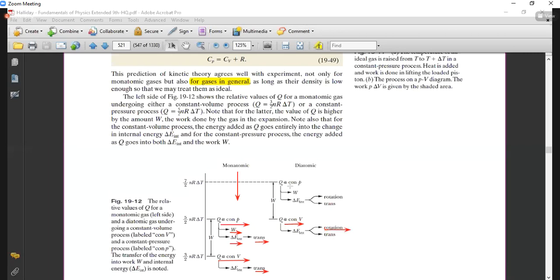And when we deal with the constant pressure, the heat absorbed by the system is not only doing work, but it is also changing the internal energy, and again internal energy is dependent upon the rotational and the translational kinetic energy. So is it clear, beta?